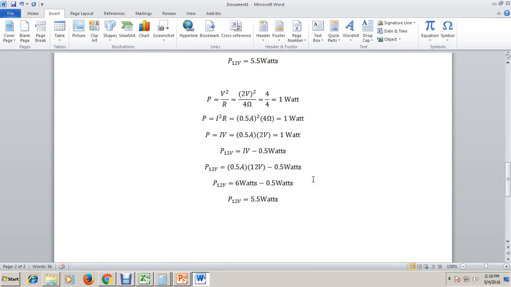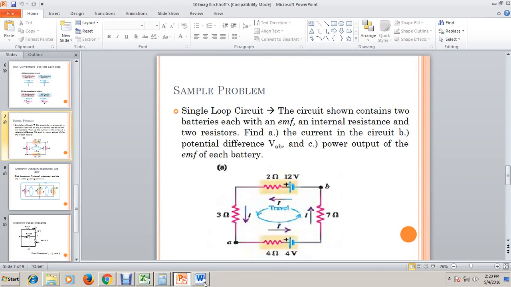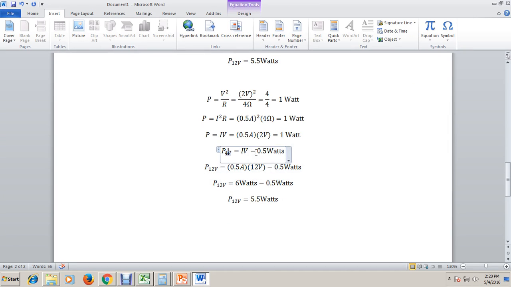To continue, we have now the power output for the 4 volt battery. So we have IV minus the power output due to the presence of the resistor. So we have IV, which is 0.5 times 4 volts, minus 0.5 or minus 1 watt.